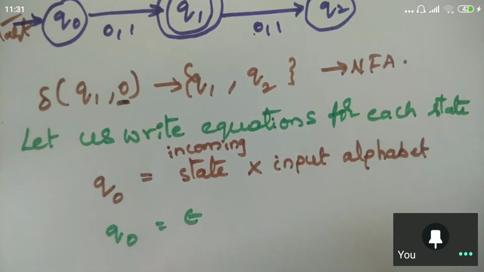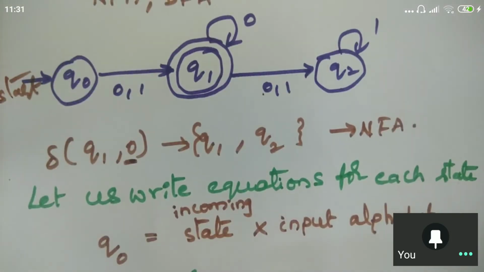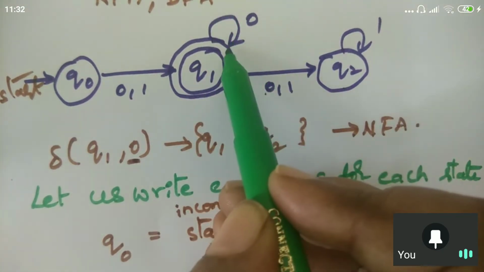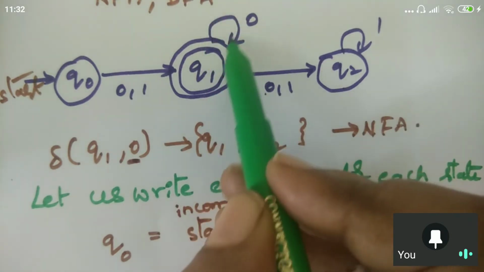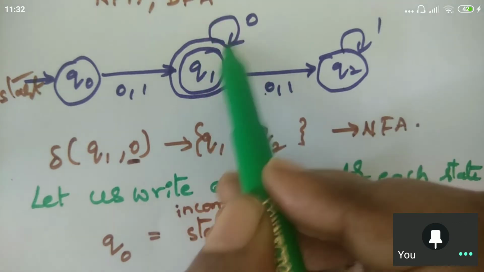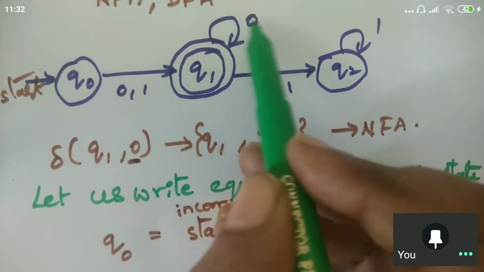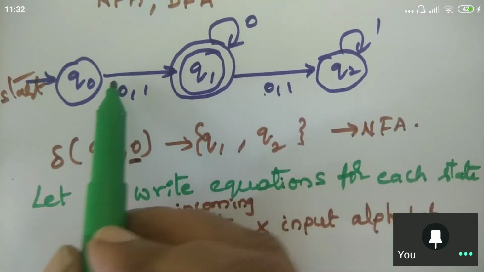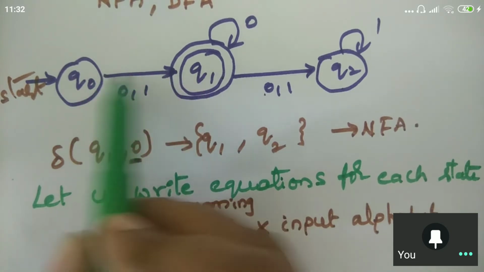So then how can we write Q1? Okay, so let us take state Q1. So if you observe Q1, Q1 has an incoming arc. The incoming arc is with input alphabet 0. On 0 it is transitioning to Q1 itself. Okay, and it has another incoming arc.